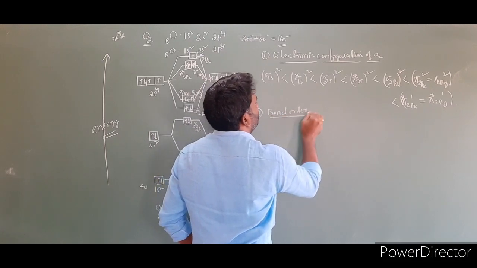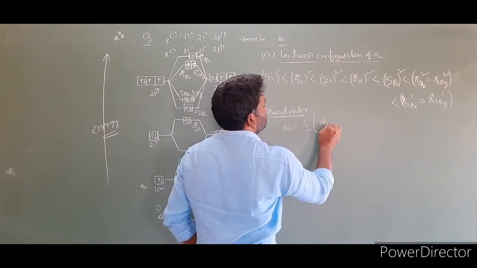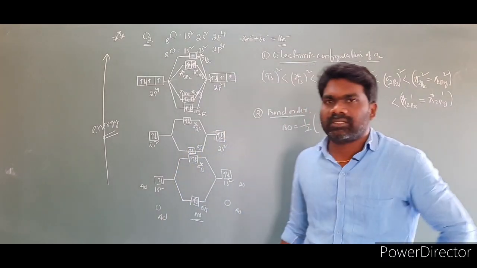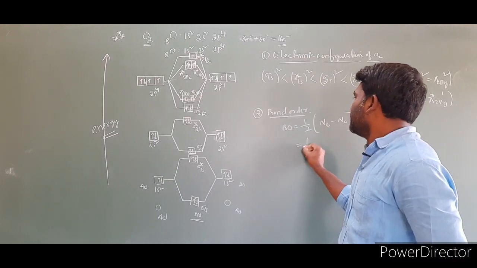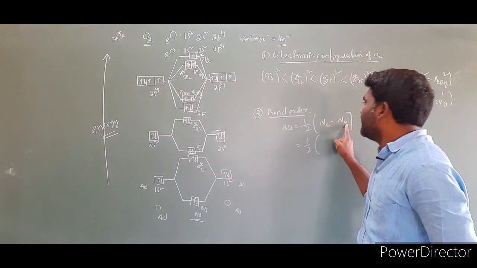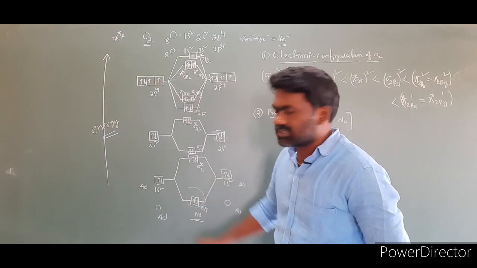The second one is bond order. BO is equal to, what is the formula? Half into number of electrons in the bonding minus number of electrons in anti-bonding, isn't it? B represents bonding, A represents anti-bonding. So this is the bonding, 2 electrons.